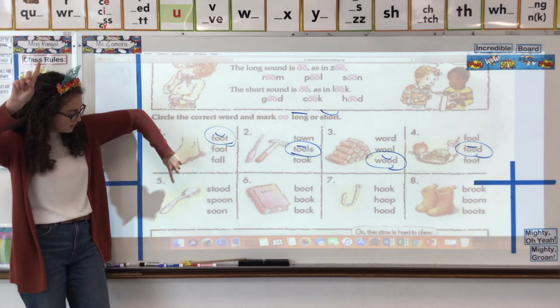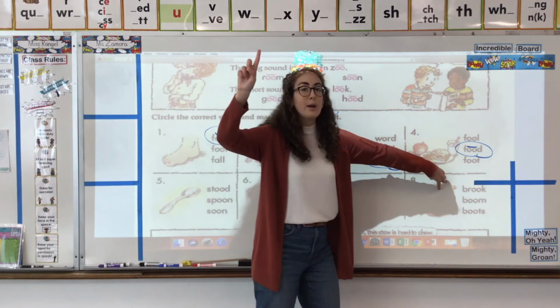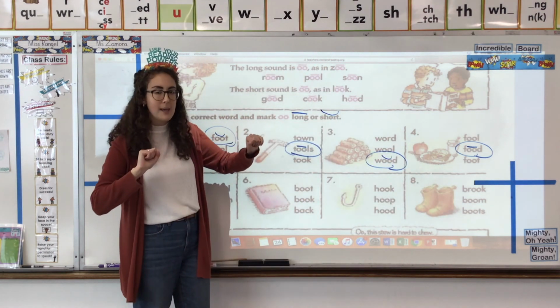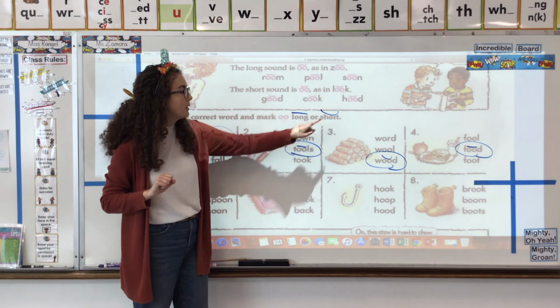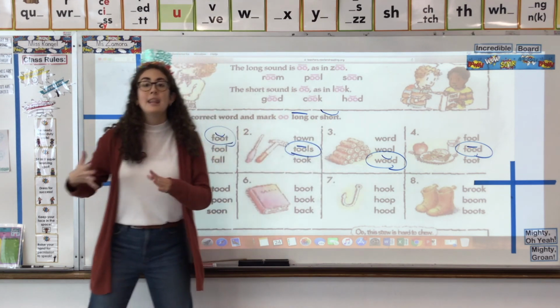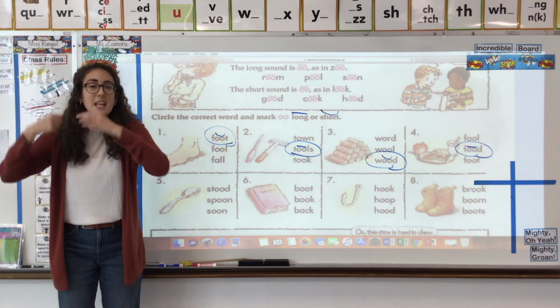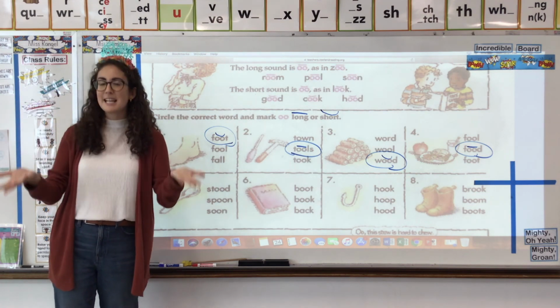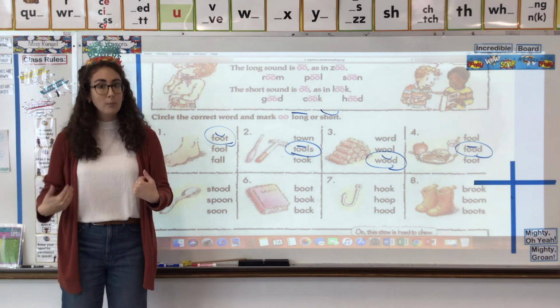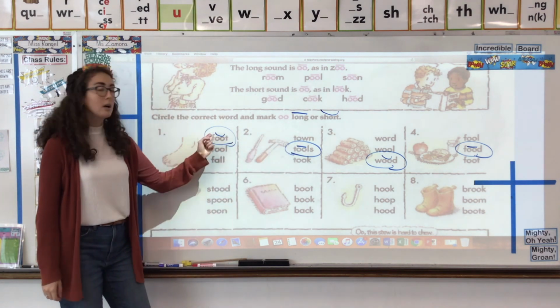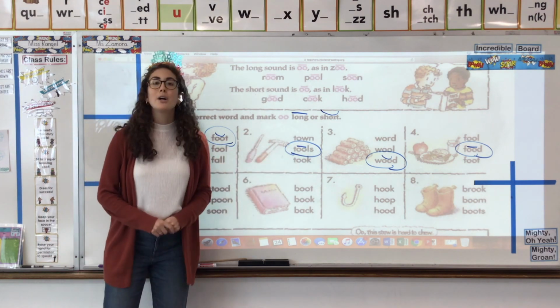Everyone's going to, number 1, do 5 through 8 by marking what sound O-O is making. Then in your video, part 2, in the video on Dojo, you're going to read the words to me and tell me which sound O-O is making, the short sound or ooh.